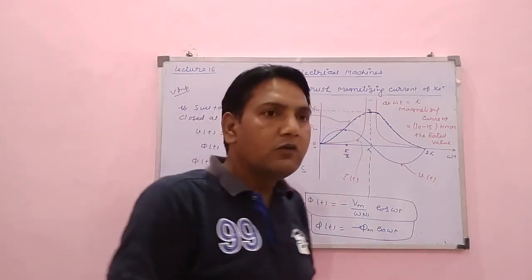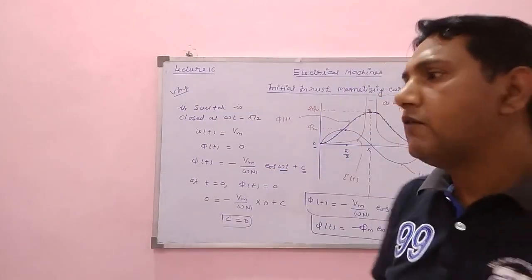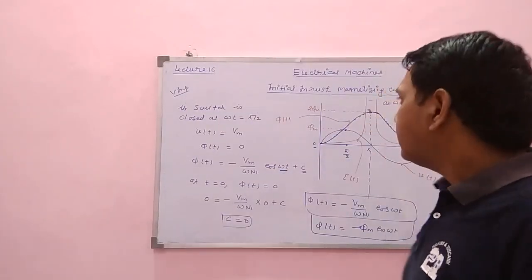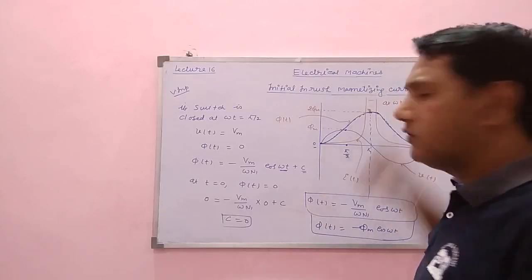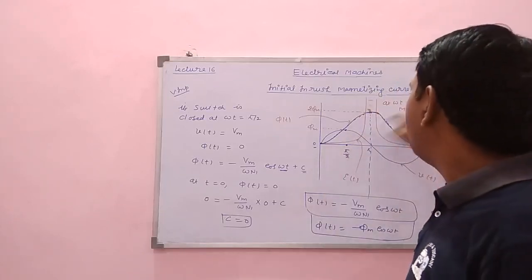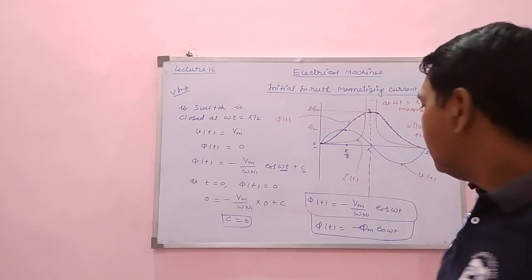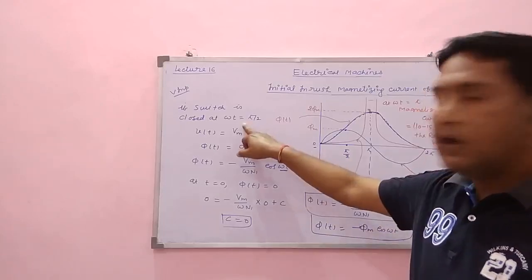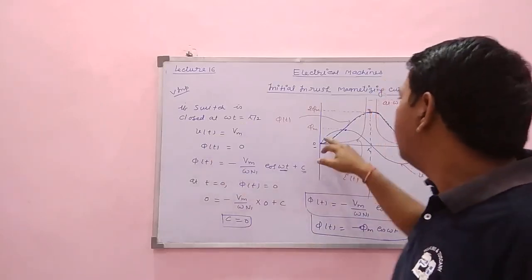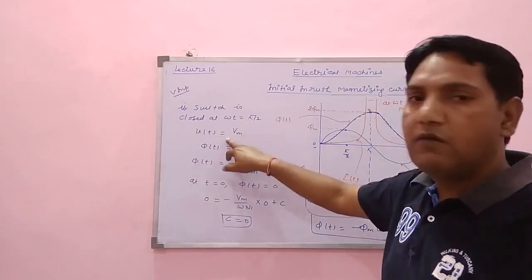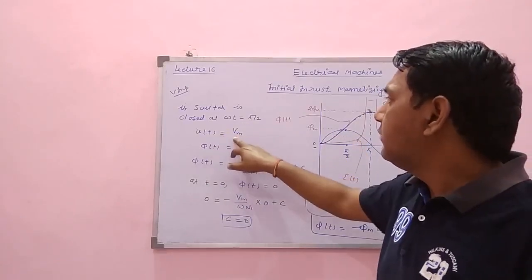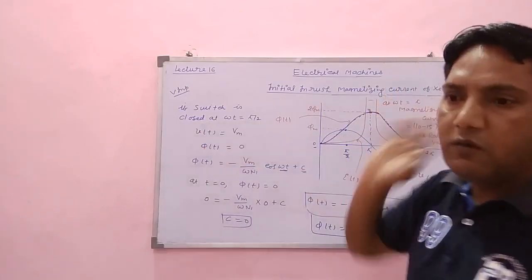So the conclusion is that to minimize the doubling effect and to decrease the amplitude of this initial inrush current, we have to switch on the transformer when the voltage attains its maximum value, and voltage attains its maximum value at omega t is equal to pi by 2.